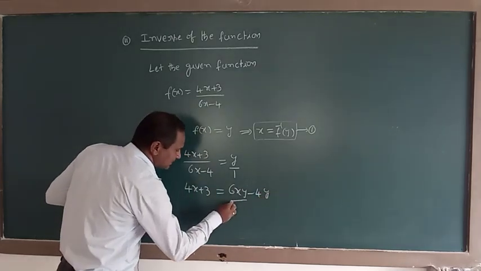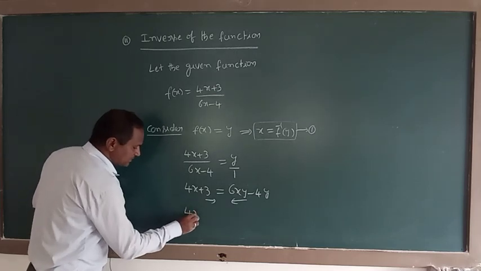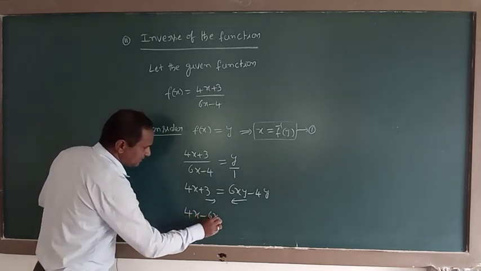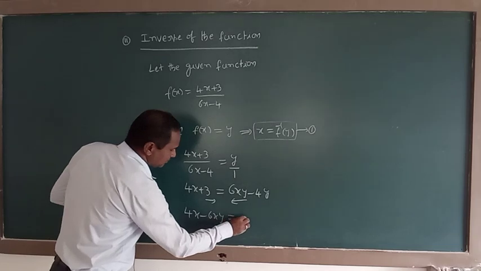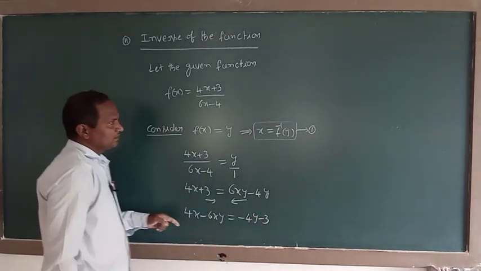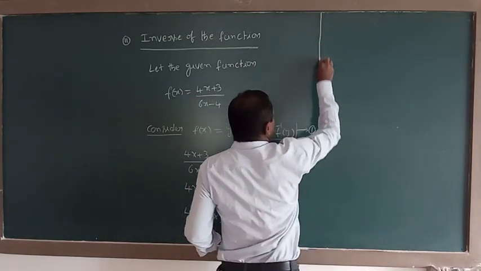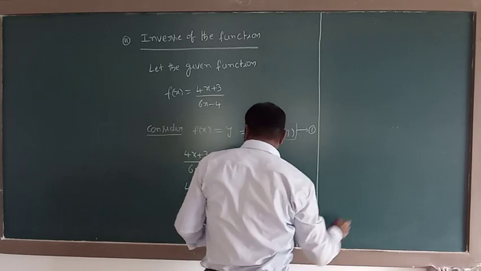Send x terms to one side, send remaining terms to the other side. That is 4x minus 6xy is equal to minus 4y minus 3 here. Take x common from the left hand side part.